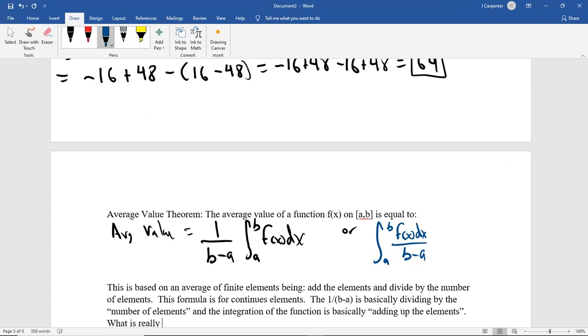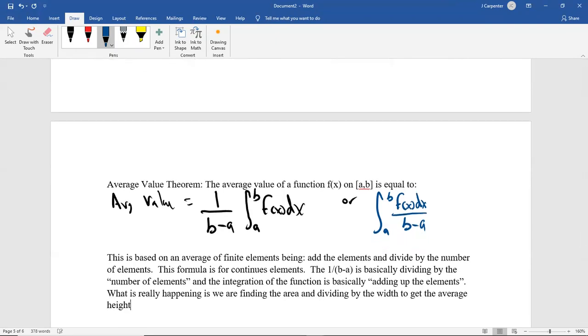What is really happening is we're finding the area and dividing by the width to get the average height. That's what's really happening.